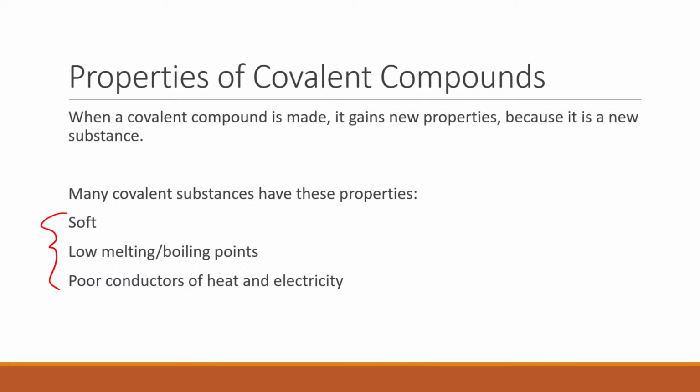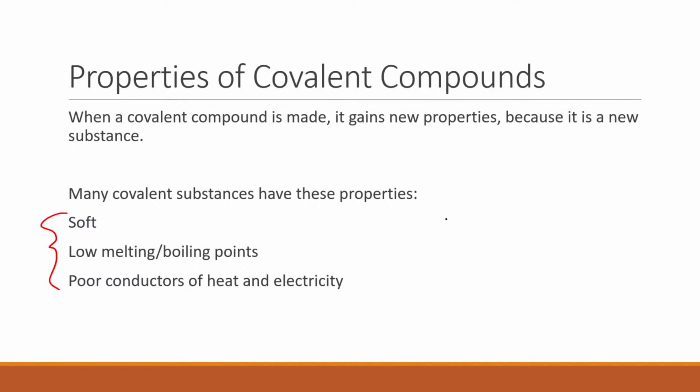You'll also probably notice that these properties line up pretty nicely with what we know about nonmetals in general. Right? Nonmetals in general are soft with low melting points and boiling points. They're bad conductors of heat and electricity. And so when you bond two of them together, we keep some of those generalized properties, but they do get a brand new set of numbers, right?